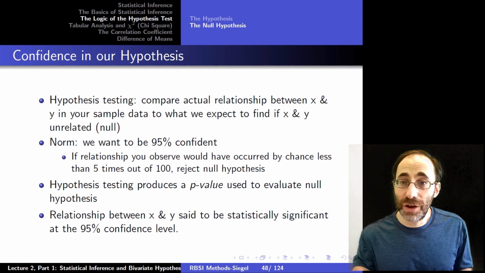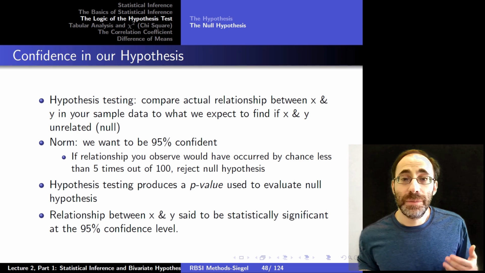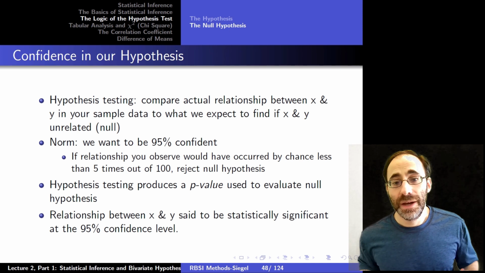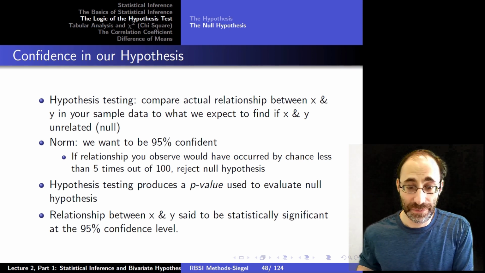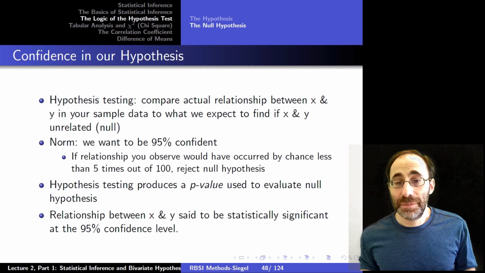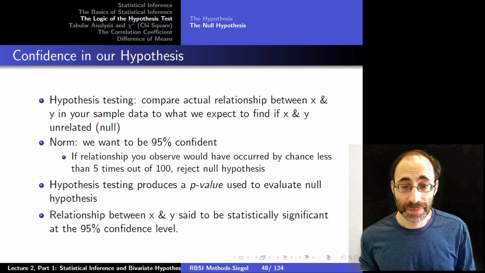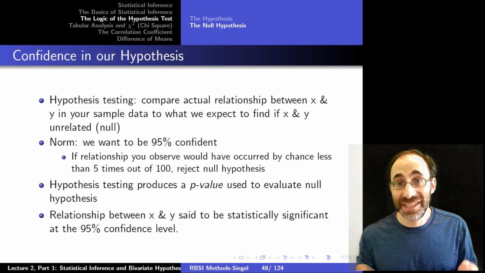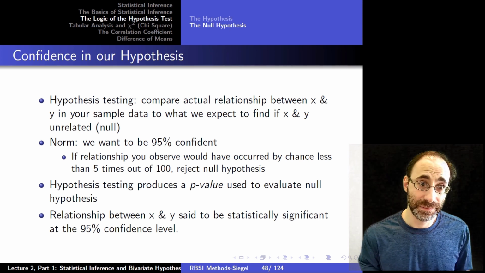So when we calculate the test statistics, we're going to produce a p-value. The p-value can be used as a simplification to evaluate the null hypothesis. The p-value tells you how confident you are that you can reject the null. If you find a p-value under 0.05, so under 5%, then you will say that the relationship between x and y is statistically significant at the 95% confidence level.